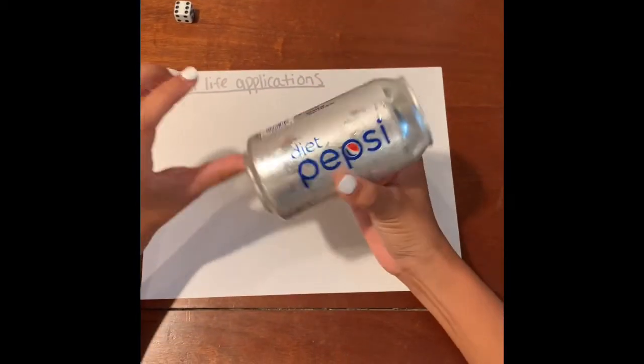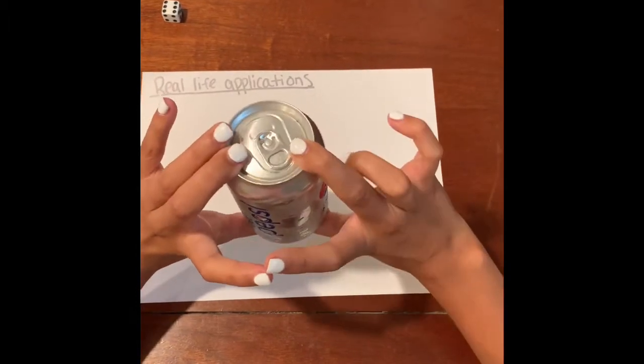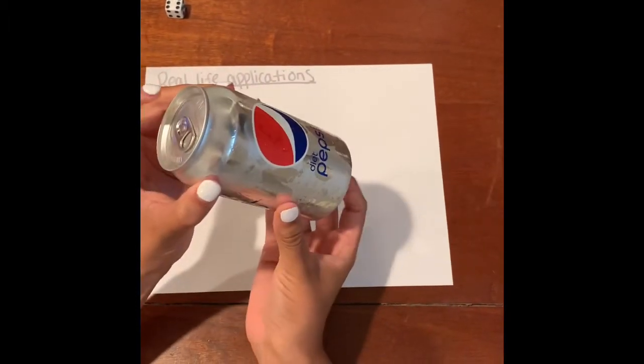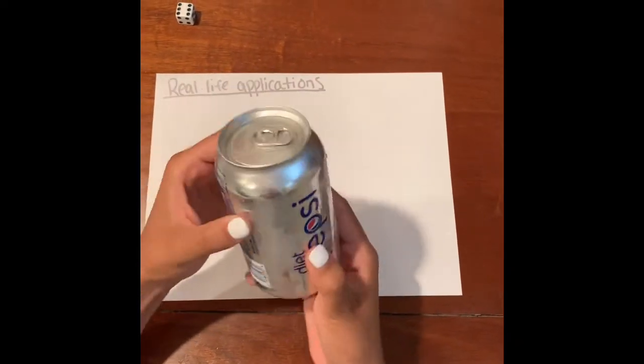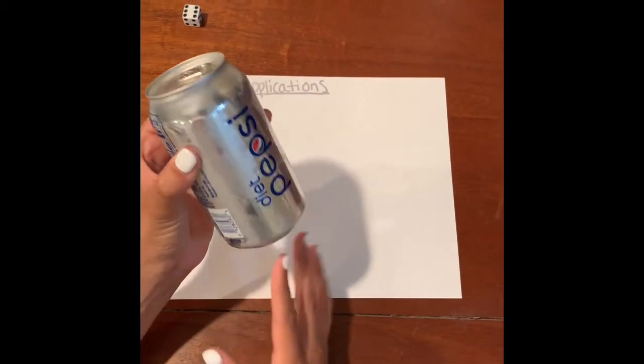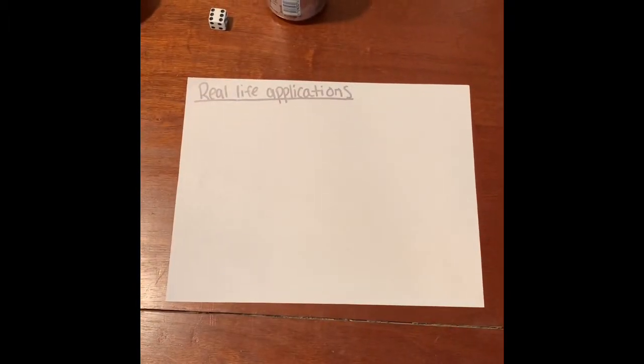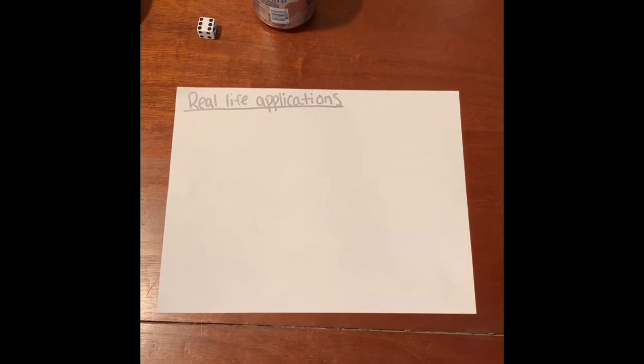Then I have a Diet Pepsi, which is a cylinder. It's a closed surface, there's no end, it's a one shape and it's hollow, a simple closed surface.